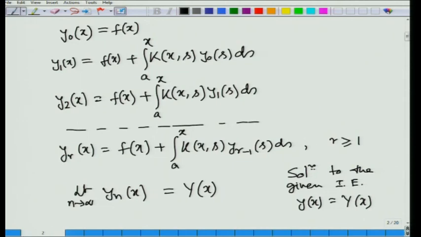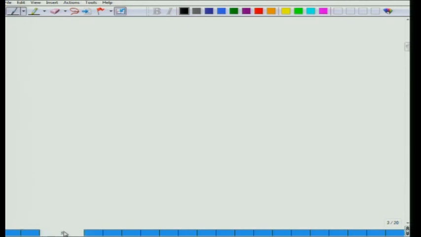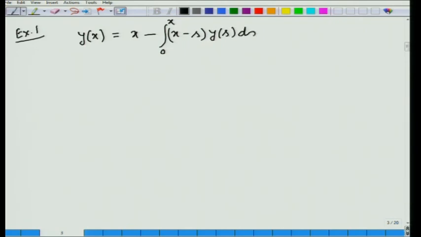So, first of all we consider a few examples to understand this technique. We consider the integral equation y(x) equal to x minus the integral from 0 to x of (x minus s) y(s) ds.